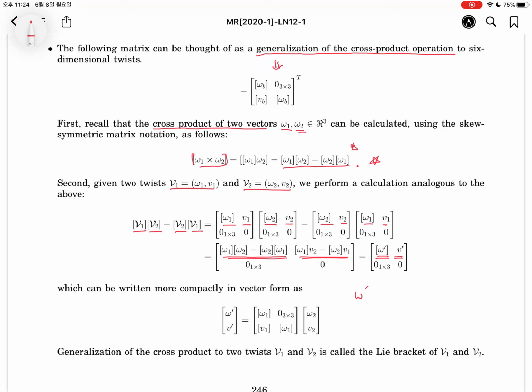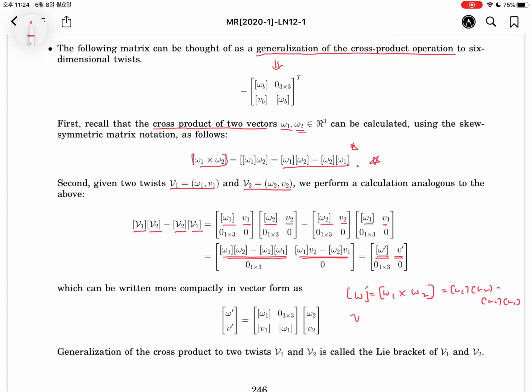W prime will be equal to W1 cross W2. If we take the matrix form, maybe those are same. It is obtained W1, W2 minus W2, W1.